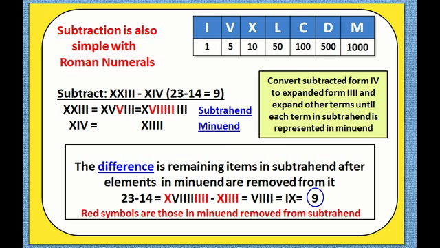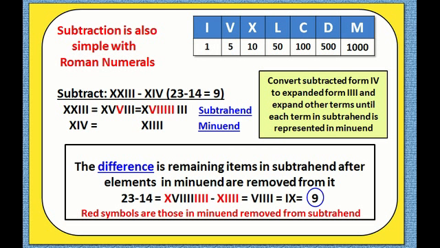Since the subtrahend has 1 X and 4 I's, in order to subtract, the minuend has to have 1 X and 4 I's. We can get this by changing one of the X's in the minuend to 2 V's and changing one of the V's to 5 I's. This will give us a total of an X, a V, and 8 I's in the minuend.